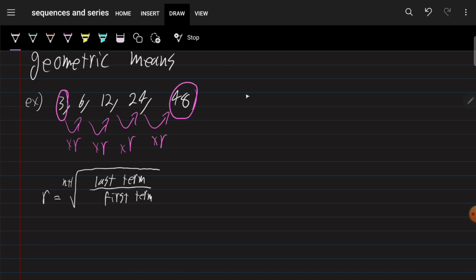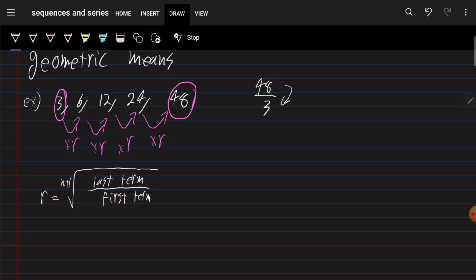If we take the last number, 48, and divide it by the first number, that gives us the total multiple between the 2 numbers in terms of a factor. It tells us by what factor 48 is larger than 3.